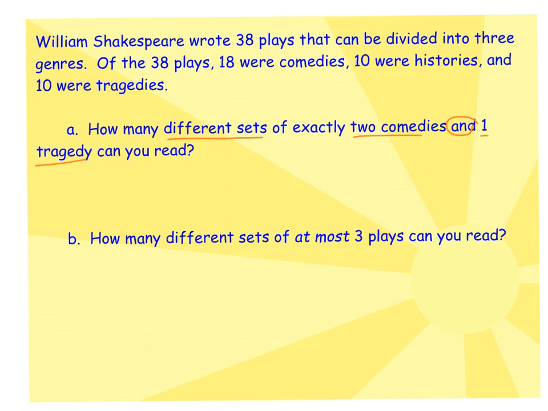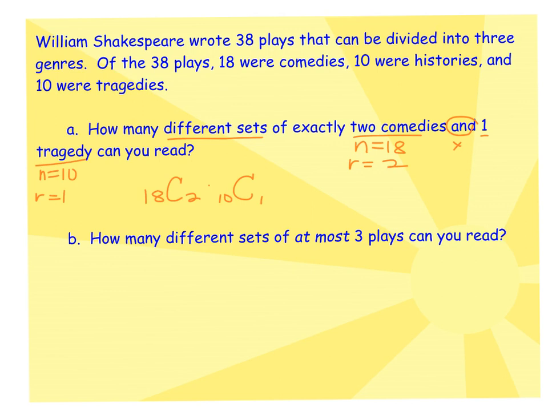We want 3 total, 2 of them to be comedies. For that part, there were 18 to pick from, and we want 2 of them. And means we're going to multiply 1 tragedy. Well, there were 10 total to pick from, and we want to select 1 to read. To find how many different sets of 3 we could read with this kind of material, we would do 18C2 times 10C1.